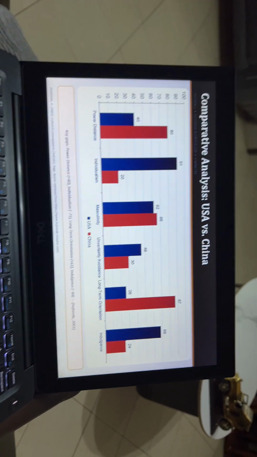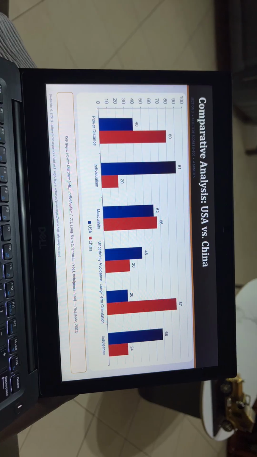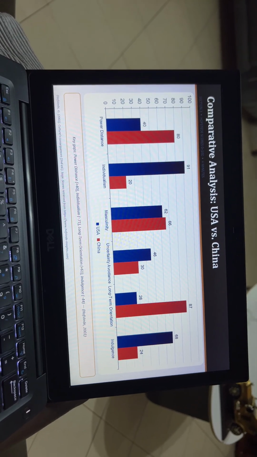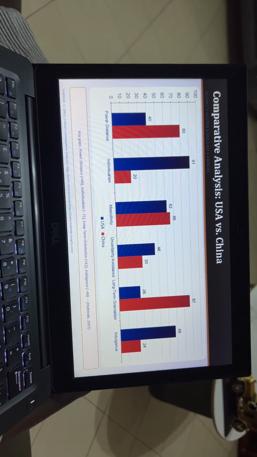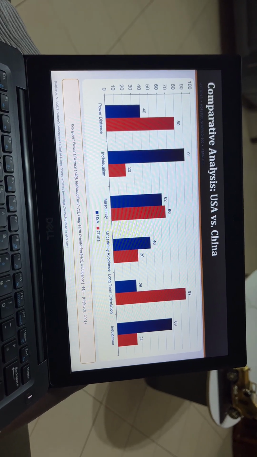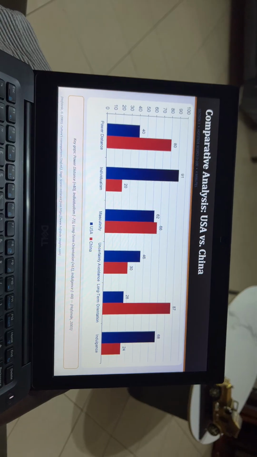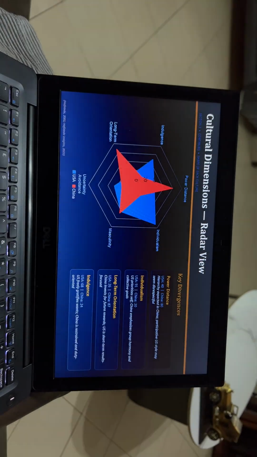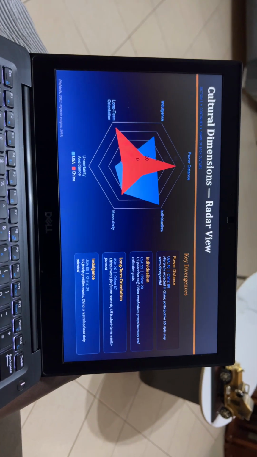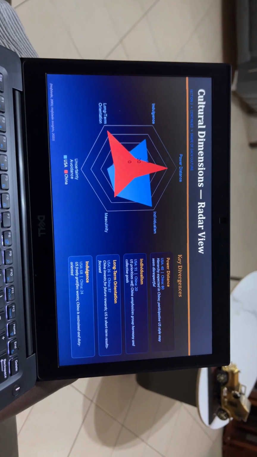Now here is a bar graph comparative analysis between USA and China. It's clear here. Because of time, I may not be able to explain this further, but we shall just go and look at the cultural dimensions, of course, using the radar view.